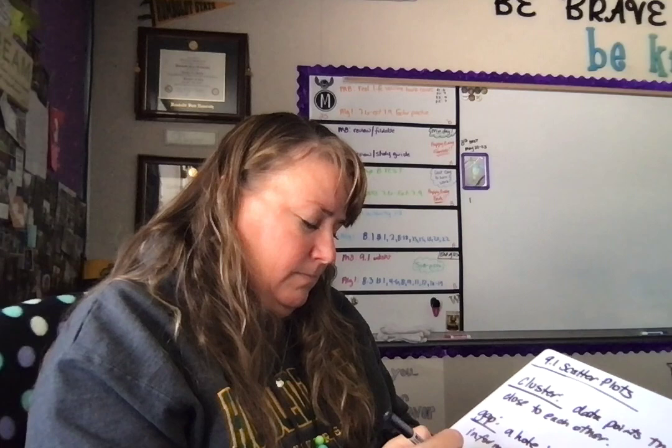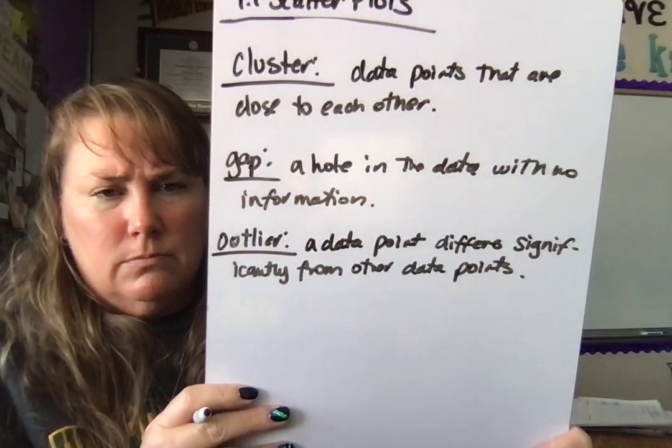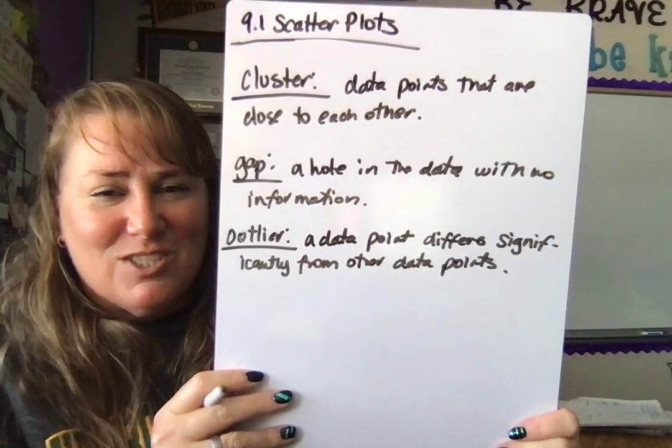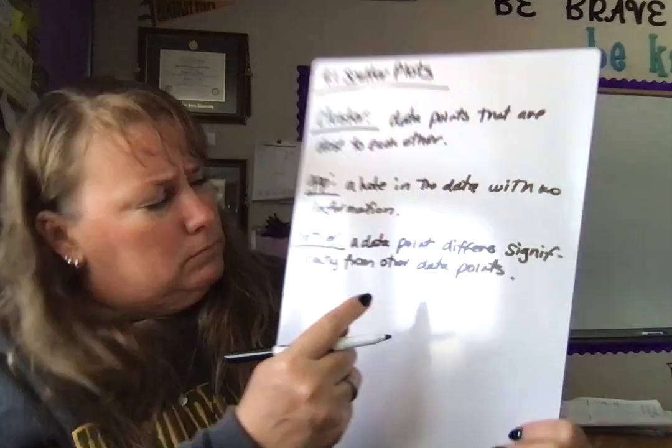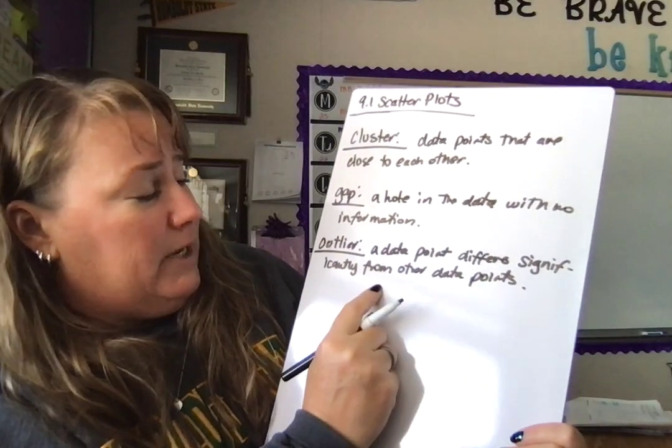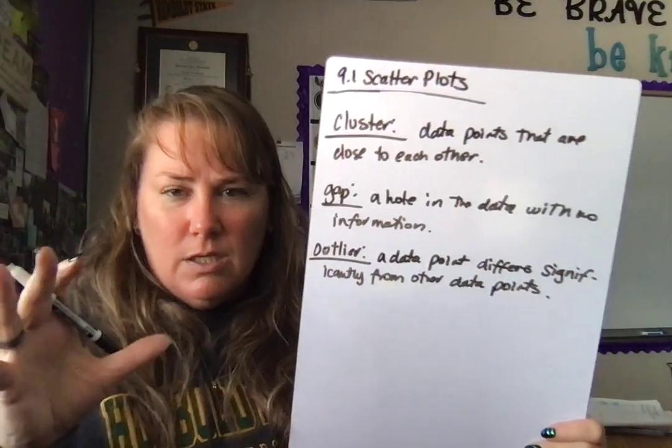But really what it is, it differs significantly from other data points. Okay, so an outlier is a data point that differs significantly from other data points.